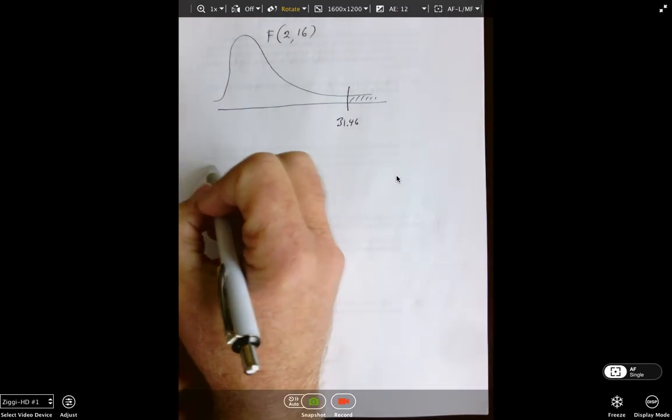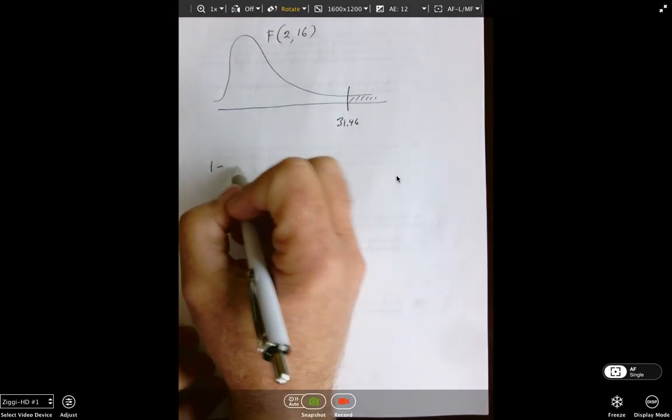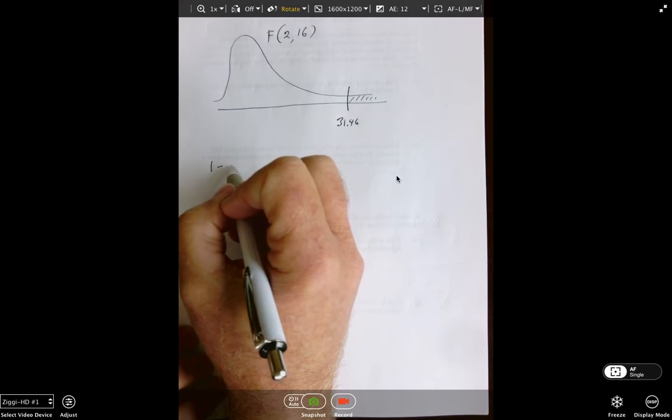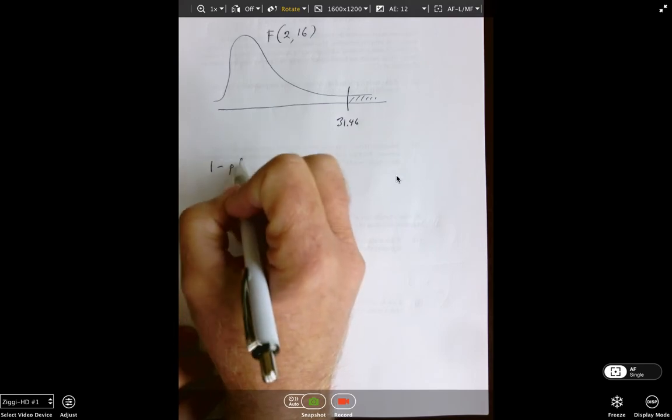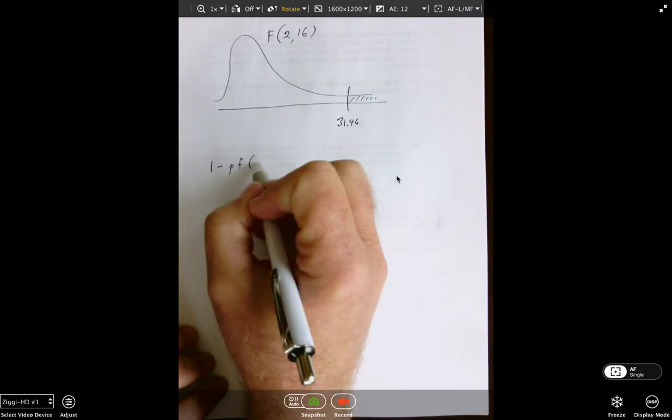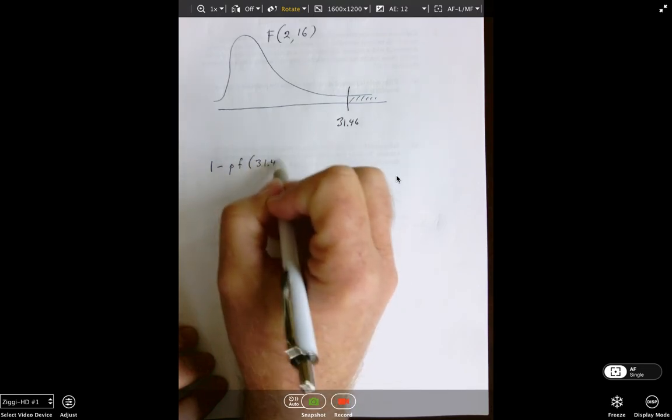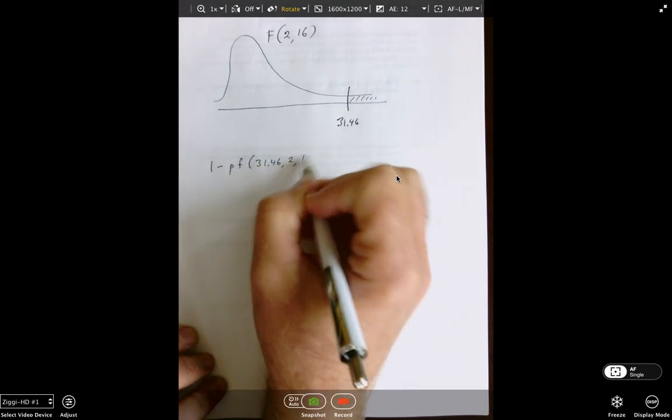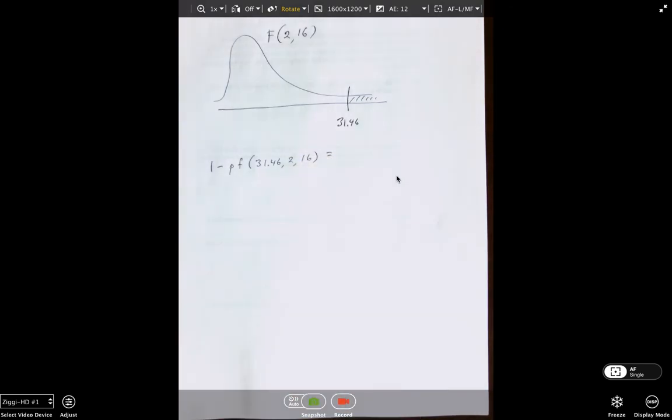And what we can do here is go 1 minus PF of 31.46, comma 2, comma 16. I'll tell you what, let's do that just for the heck of it.